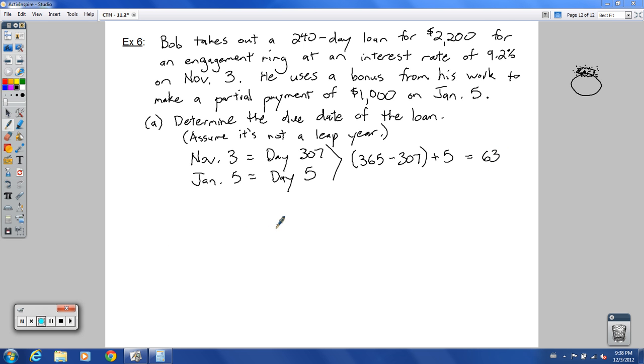And then from there, we can now figure out, determine the due date of the loan. We can now figure out a little bit more here because we have our 240-day loan. That's what we have here. So we're taking our initial day, day 307. I'm looking at the wrong part of my paper here. Just a second. There we go.